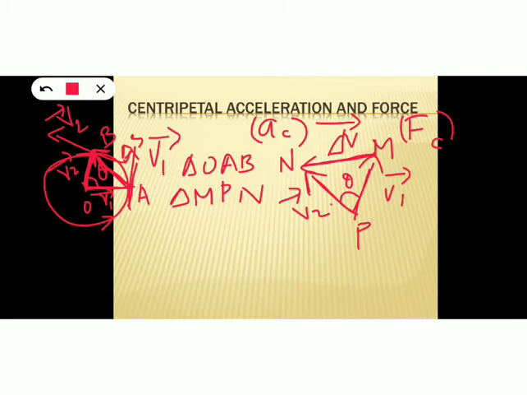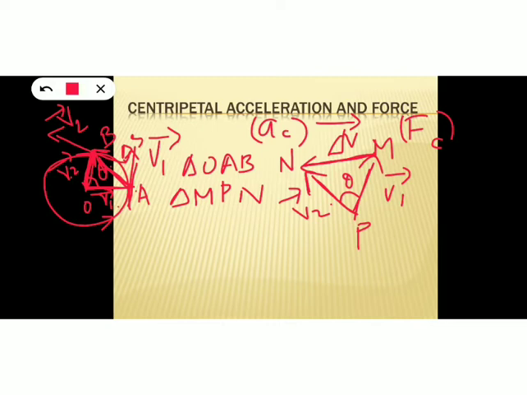Why? Because V1 is perpendicular to R1, and similarly V2 is perpendicular to R2. The angle between R1 and R2 is theta, so the angle between their perpendiculars will also be theta.